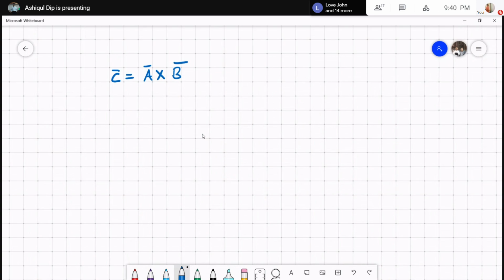Bilinear means it has two slots, it can take 2 objects, and for each of the objects it's linear. Obviously, it takes 2 vectors and produces a vector. This specific definition is only possible in 3 dimensions.